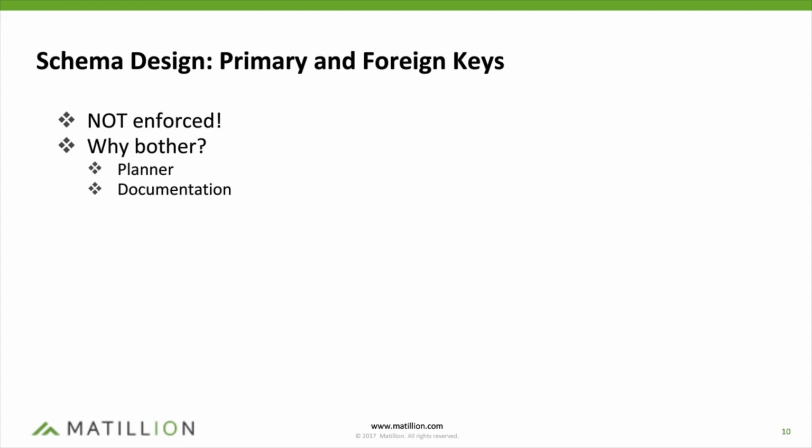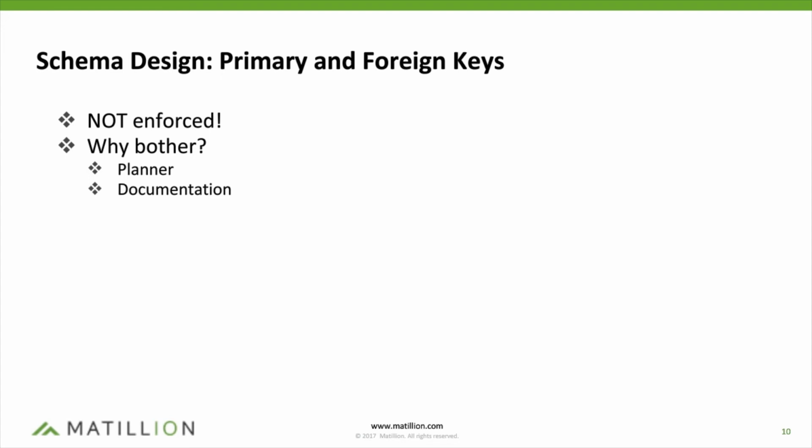It's great for documentation because you are saving into the database which things you think should be unique primary keys and how you think things relate together. And the planner does use that information to help it come up with a decent query plan. So it probably is worth bothering, but it's probably quite far down the list of things to worry about.